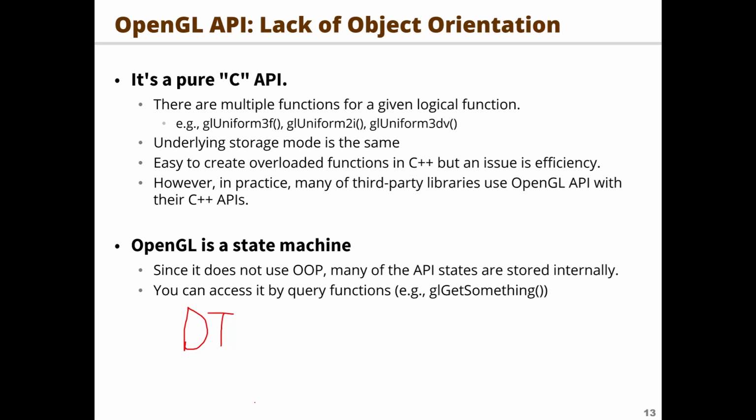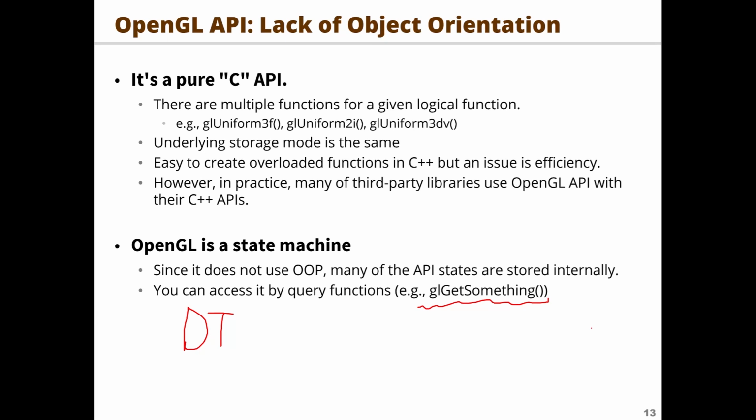Reading such states is not directly supported. You never get the pointer to the internal state because that is completely abstracted inside the OpenGL API. Whenever you need to access it, you have to use the query functions, something like glGet, like glGetIntegerv.